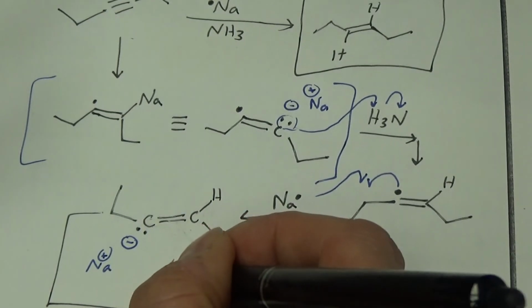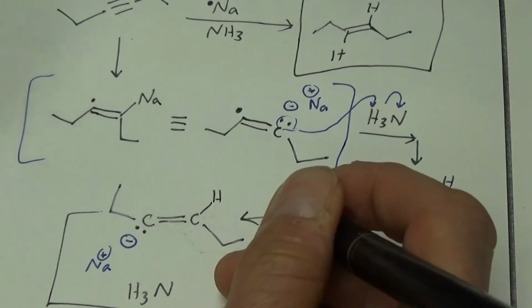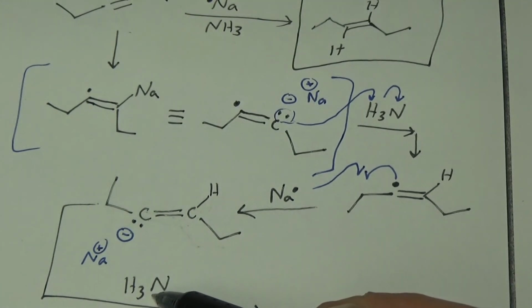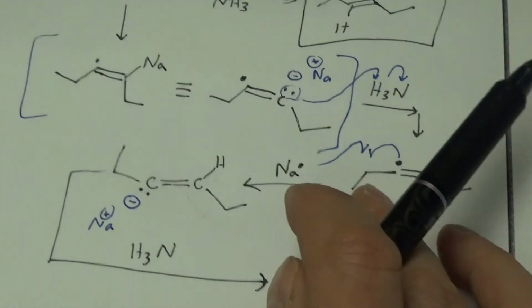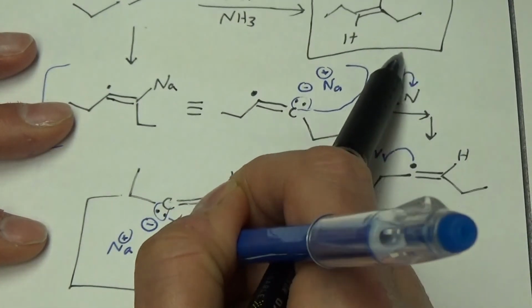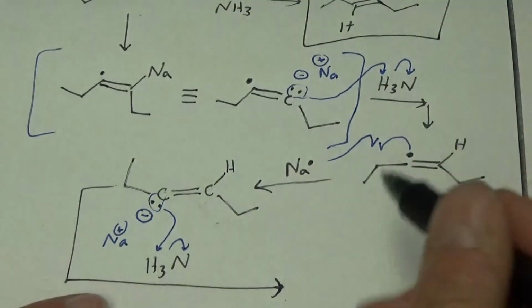Same thing as before, right? Super unhappy carbanion. Oh, we have a proton source. So what's it going to do? Take that proton off, and we're done.